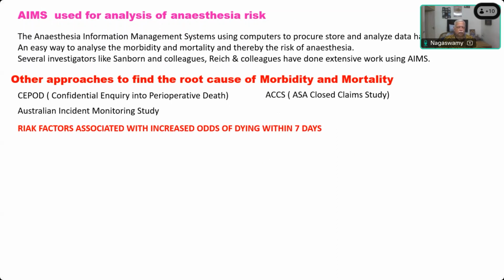Like for example, you are doing a Whipple's and you cut the aorta and the patient dies on the table because of bleeding. That is not considered as an anesthetic death. That is a surgical mortality. Whereas if everything goes all right and then the patient dies within 7 days of the postoperative period, most of the time it is all counted under the anesthetic deaths.